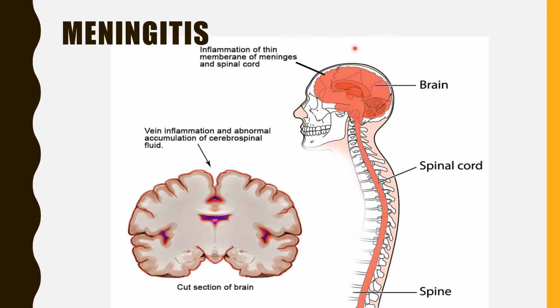So in case of meningitis, it has affected the brain, not just the brain but the spinal cord and spine. So it causes rash, fever, headache, stiff neck, and general unwellness. It can be a medical emergency.